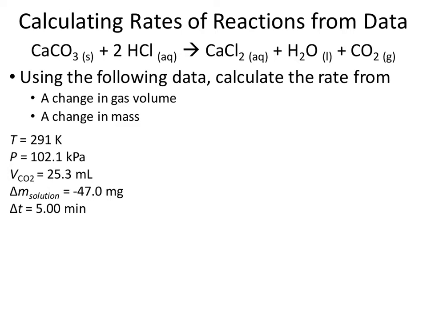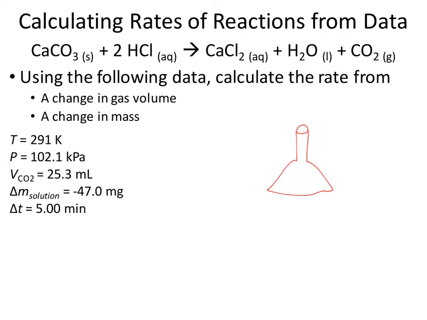Okay, so let's return to this reaction, calcium carbonate reacting with hydrochloric acid to produce calcium chloride, water, and CO2 gas. Now, an individual that was investigating this performed this reaction in an Erlenmeyer flask. They filled it up with a little bit of cotton over here and decided to do two different types of measurements. You can see that there's some data over here on mass of the solution.